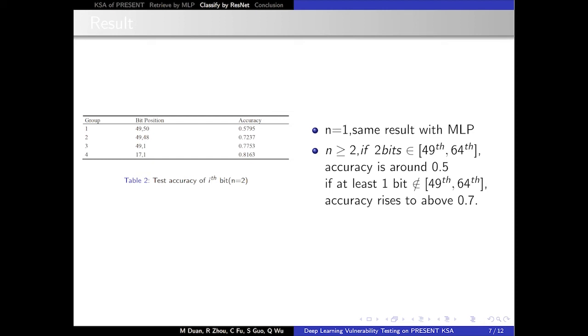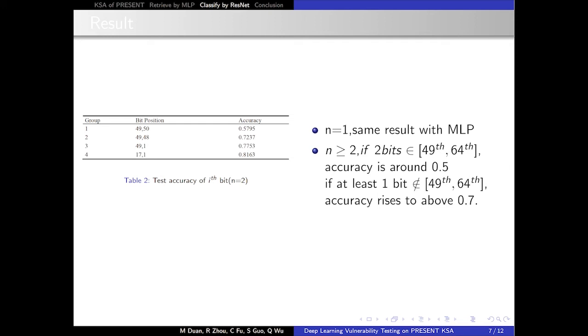If we choose both bits among the 49th to 64th, the accuracy is around 0.5. But if we pick at least one bit outside, for example groups 2, 3, and 4, the accuracy rises above 0.7, and when n is greater than 2, the previous finding is still true.